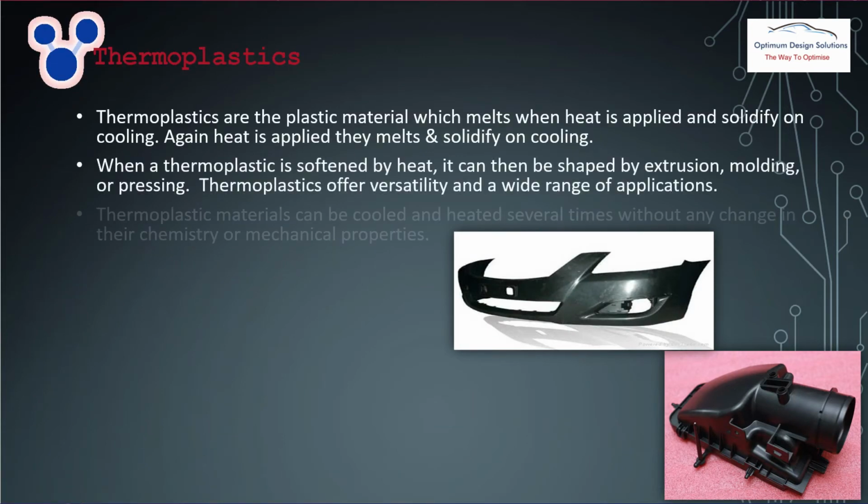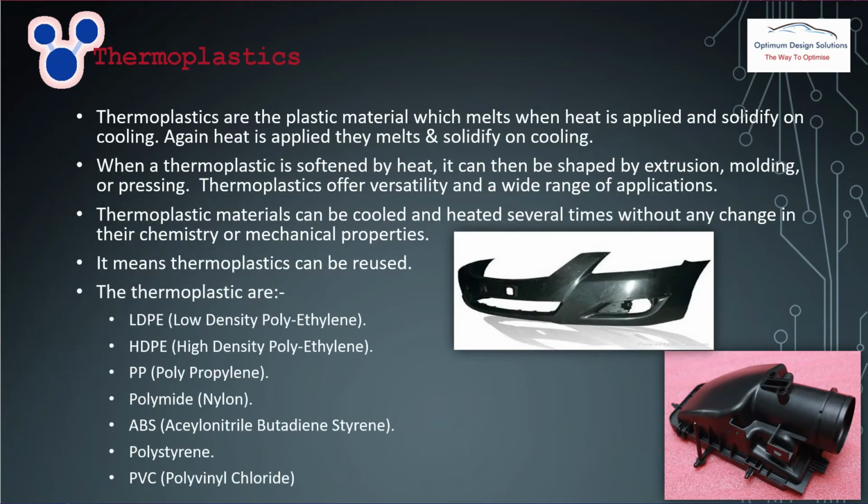First one, that is thermoplastic. Thermoplastics are plastic materials which melt when heat is applied and solidify on cooling. Again heat is applied, they melt and solidify on cooling. So those materials are, in a simple way, recyclable. When the thermoplastic is softened by heat, it can be shaped by using different manufacturing processes like extrusion or molding, etc. Thermoplastics offer versatility and a wide range of applications.